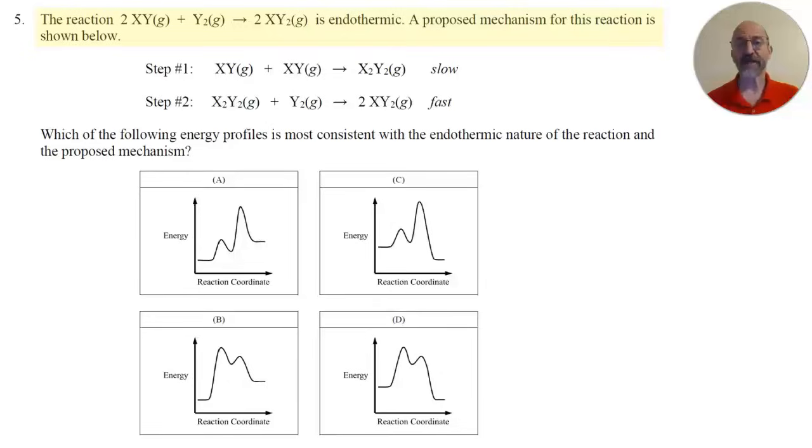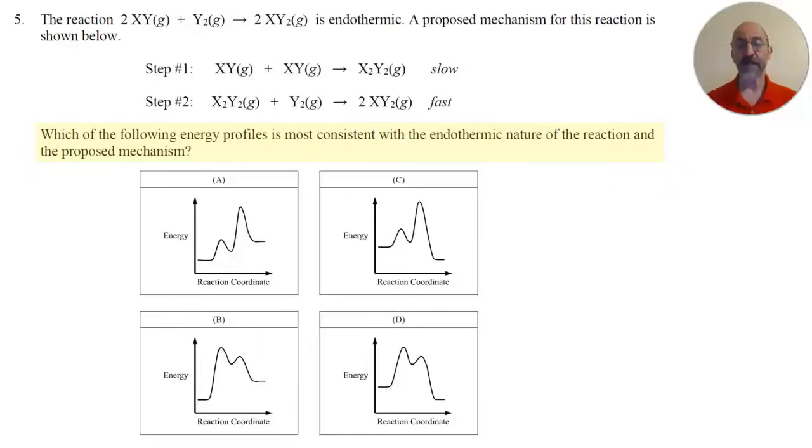A proposed mechanism for this reaction is shown below, and we can see a two-step mechanism where step 1 is the slow step and step 2 is the fast step. And it says which of the following energy profiles is most consistent with the endothermic nature of the reaction and the proposed mechanism. So the first thing I'm going to do is focus on the endothermic nature of the reaction.